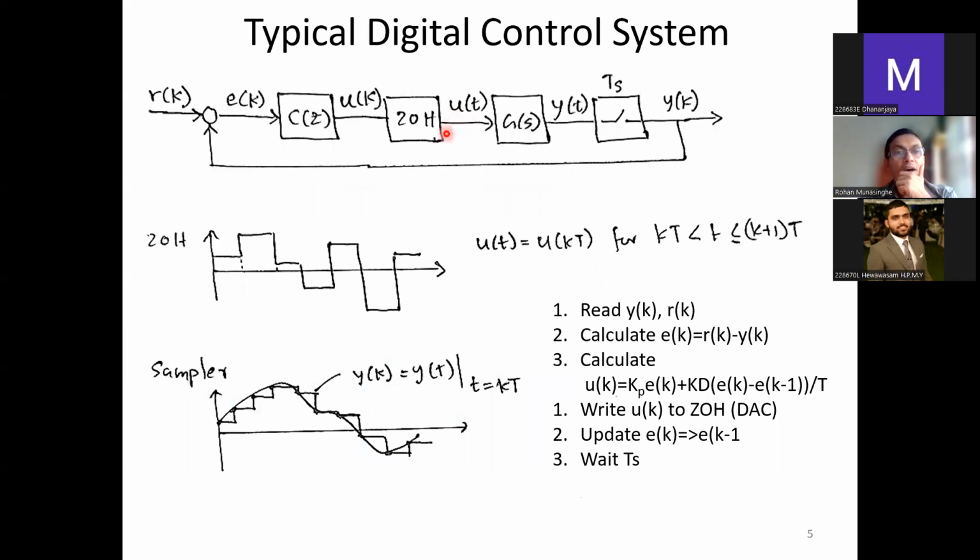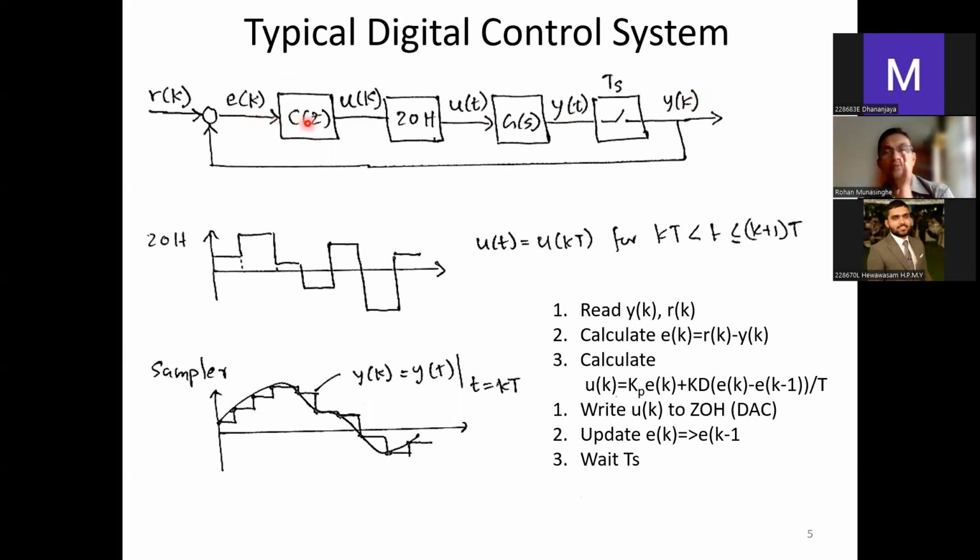Now, this is how a typical digital control system looks. You can see r(k), the discrete reference signal, and y(k), the discrete response, and then the difference between r(k) and y(k) is the error, again discrete.